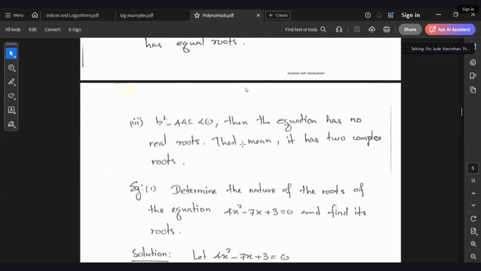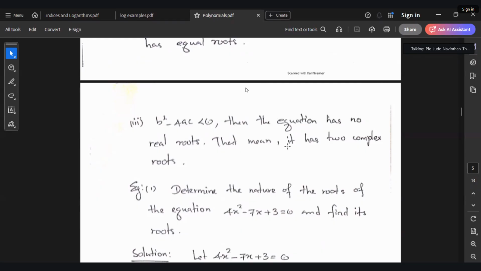The other thing, I told you, if the value is less than 0, that means a minus value, then we don't have real roots. It means that some other roots are there, which are complex roots. You don't need to know that much about what is complex.